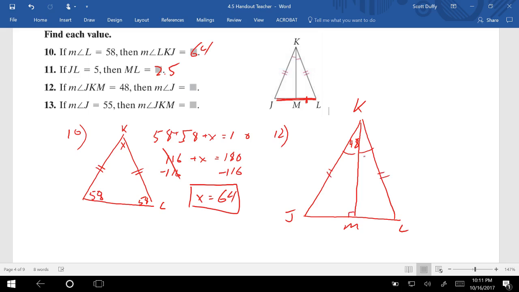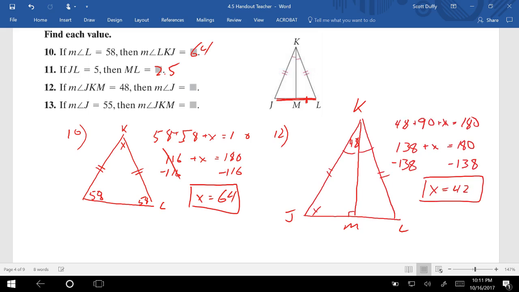So 48, 90, and we'll just call this x. So I say 48 plus 90 plus x equals 180. 48 plus 90, 138 plus x equals 180. Subtract 138. 42.